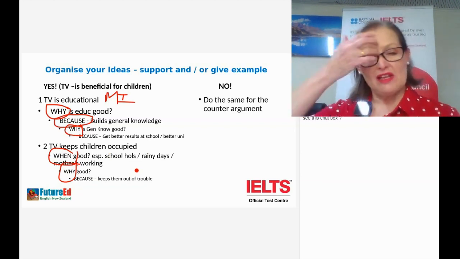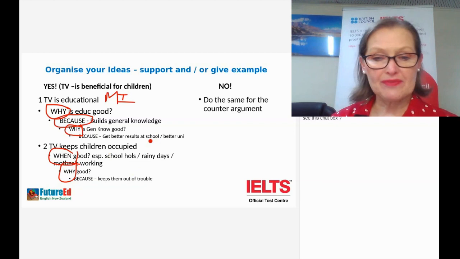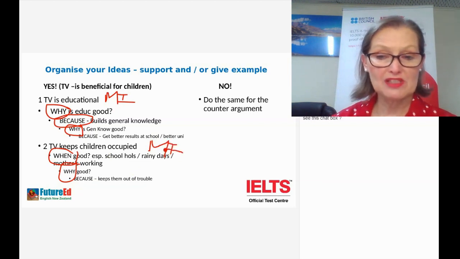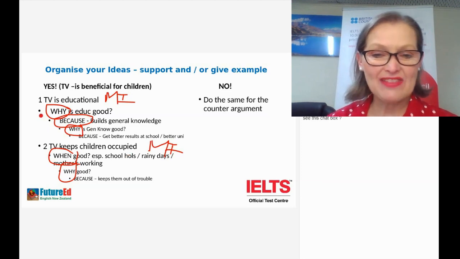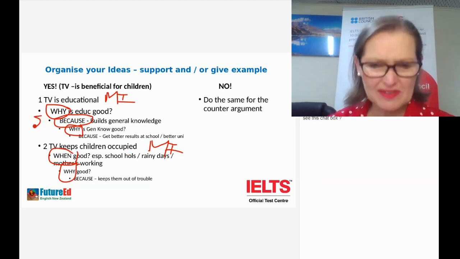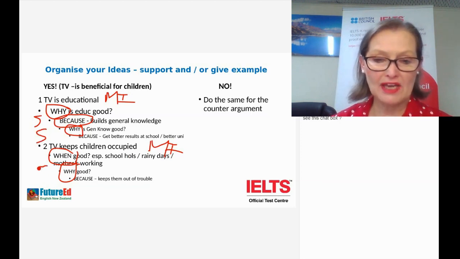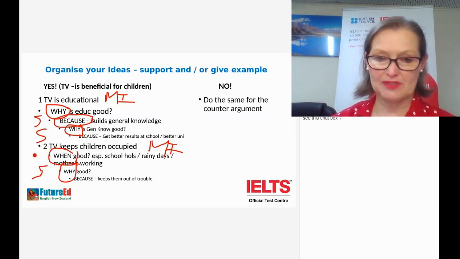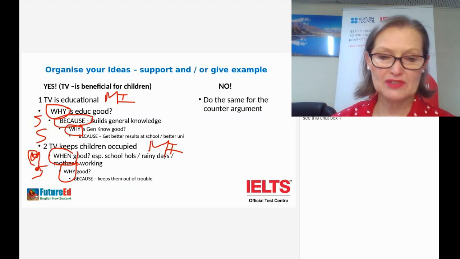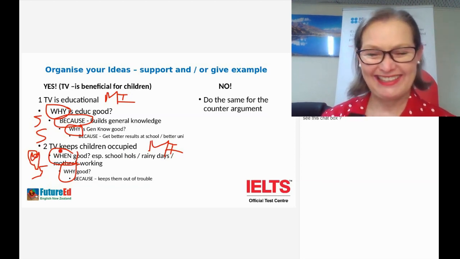Good. So can you see that that is a much stronger structure, a much stronger planning than what I had on the first page? I've developed it into my 2 main ideas, and then I have supported with examples, and I've given some examples here, haven't I, with my, for example, whoa, this is really difficult to write with.